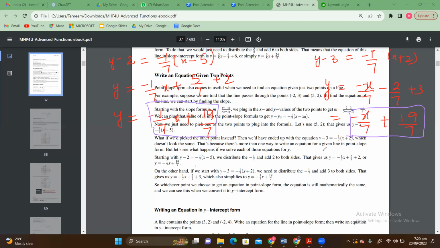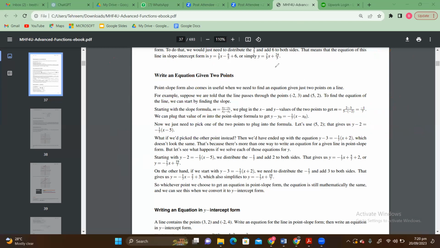Okay, so I'm just summarizing the concept. First of all, we are given two points and we are not given m. So we need to find m by using m equals y2 minus y1 over x2 minus x1. Now we know the point slope form: y minus y0 equals m times (x minus x0).